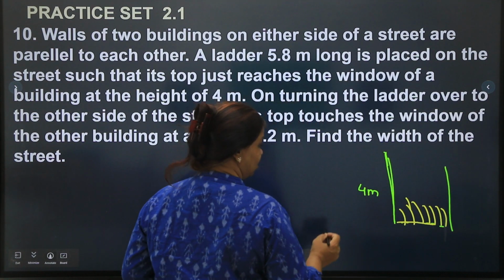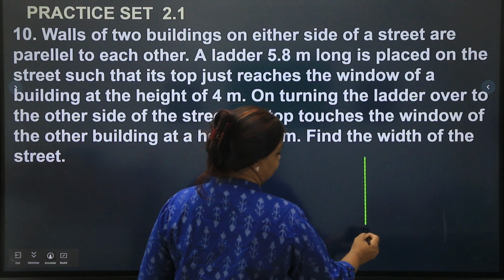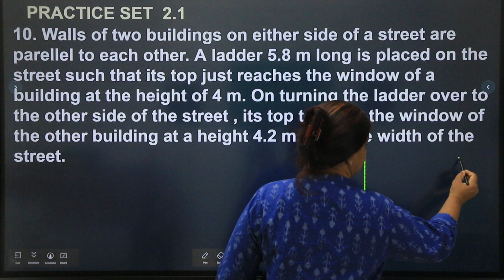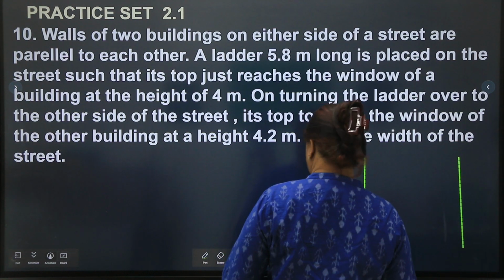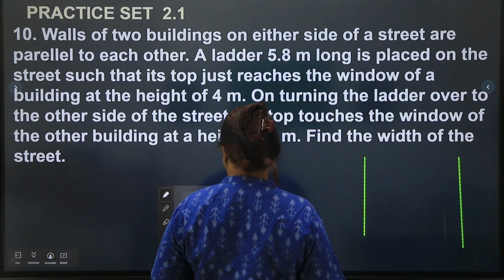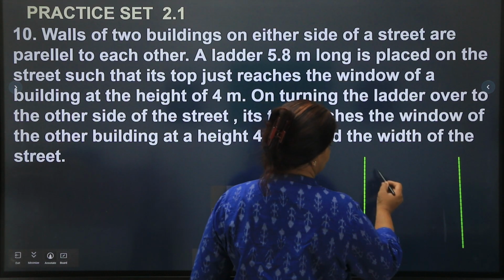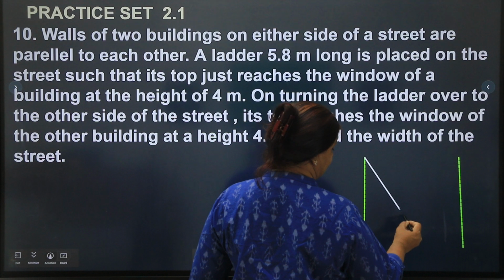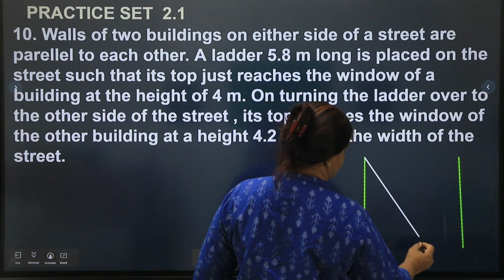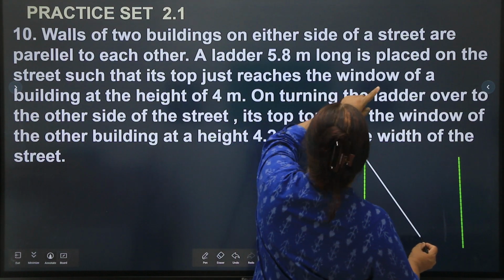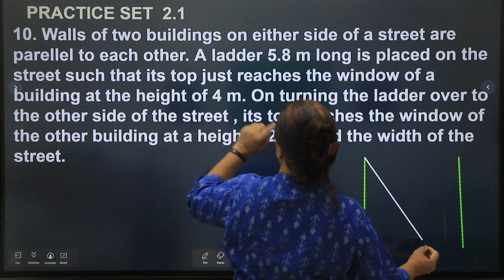Let me draw the diagram properly. So this is one building whose height is 4 meter, and this is another building. The ladder is placed here in the middle, and the ladder reaches the window of the building at the height of 4 meter.